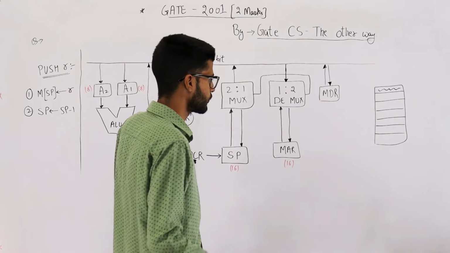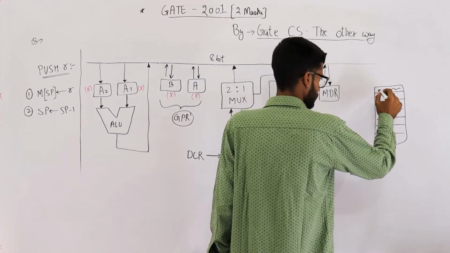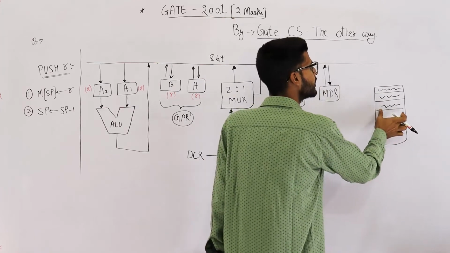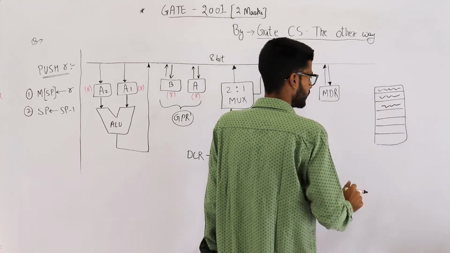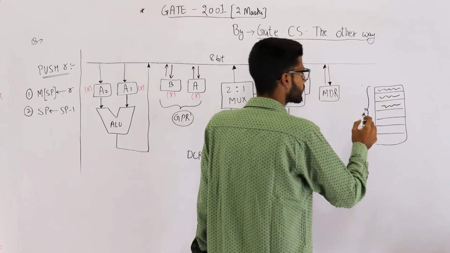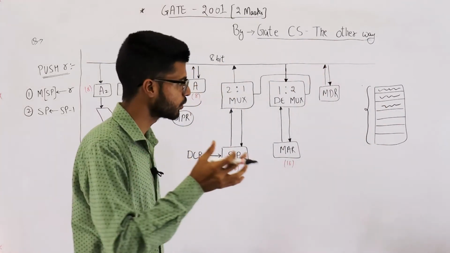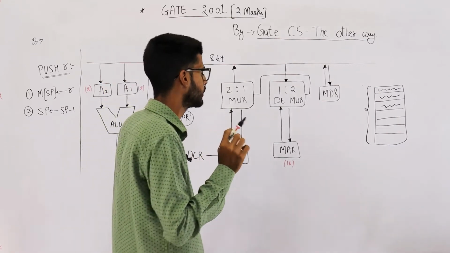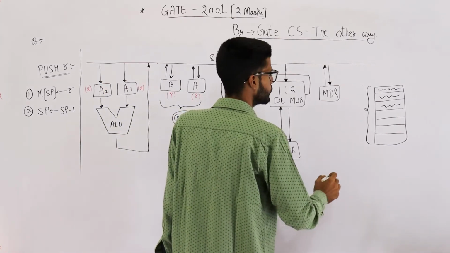Okay, so what it means is, first of all, all these locations are 8-bit. That means each can contain 8-bit data. Second thing is, to select one of these locations, that means to fetch one particular address, we need a 16-bit value.